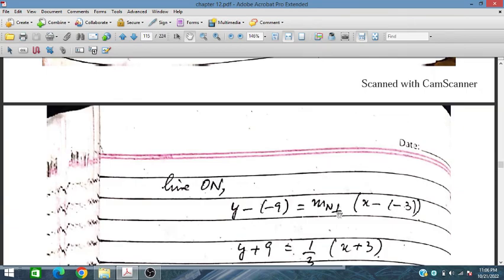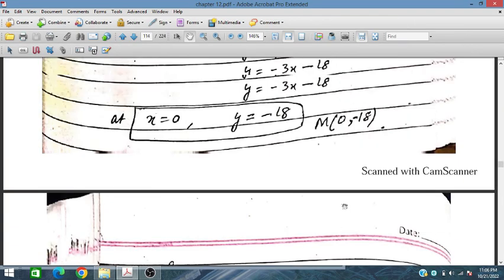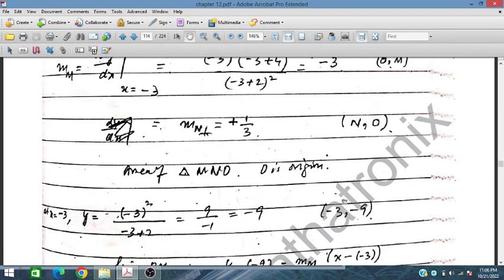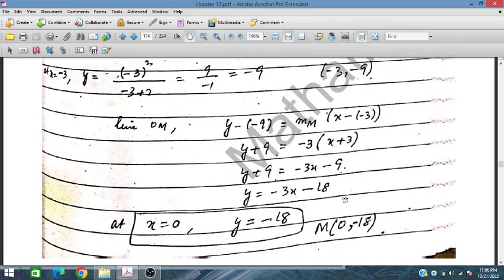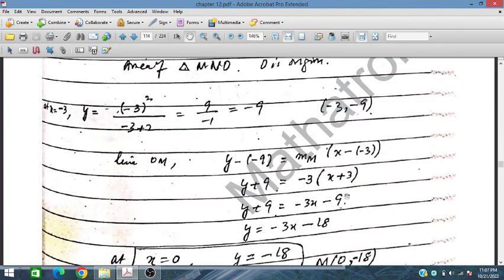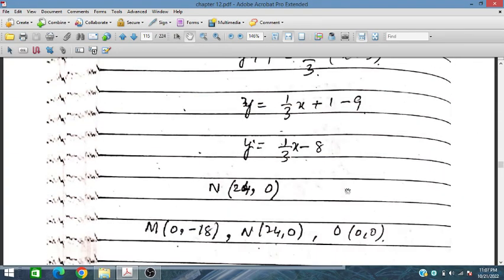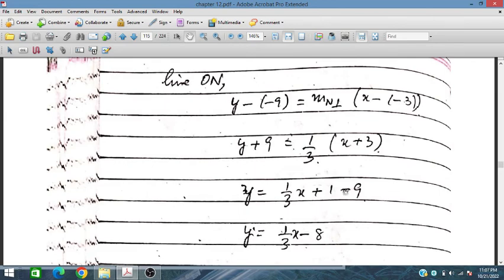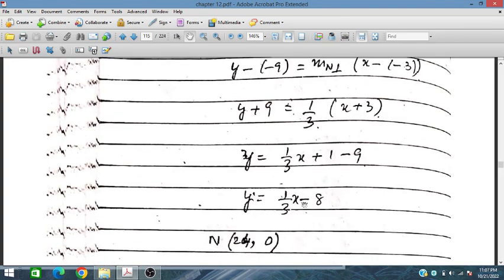On line ON, which is perpendicular, y plus 9 is equal to 1 over 3 times x plus 3, so this is y is equal to 1 upon 3 x. At the x-axis, the value of y is equal to 0.